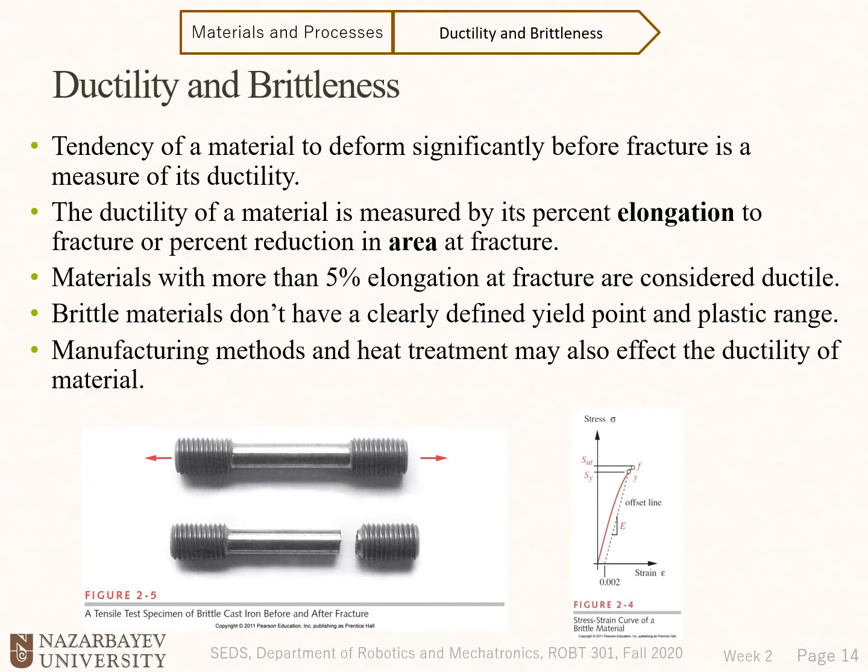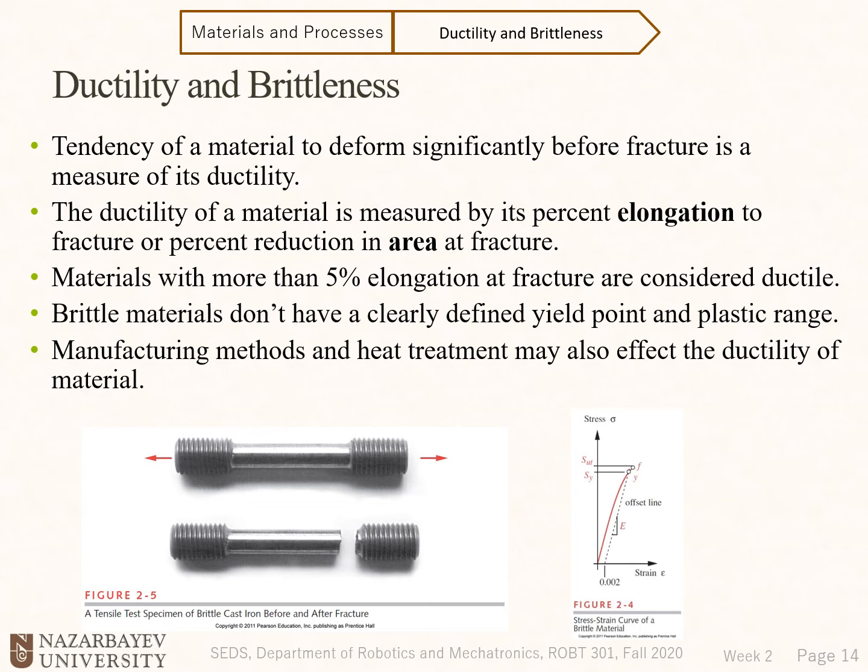Ductility and brittleness. The tendency of a material to deform significantly before fracture is a measure of its ductility. So when they have a large plastic region, it means that we have higher ductility and the material is ductile.